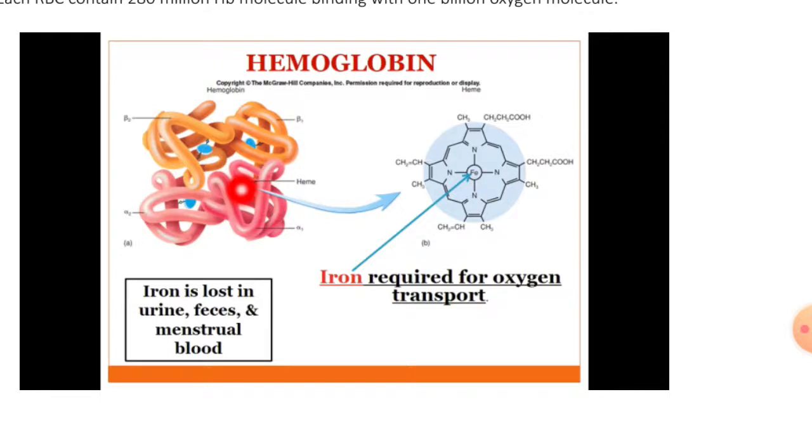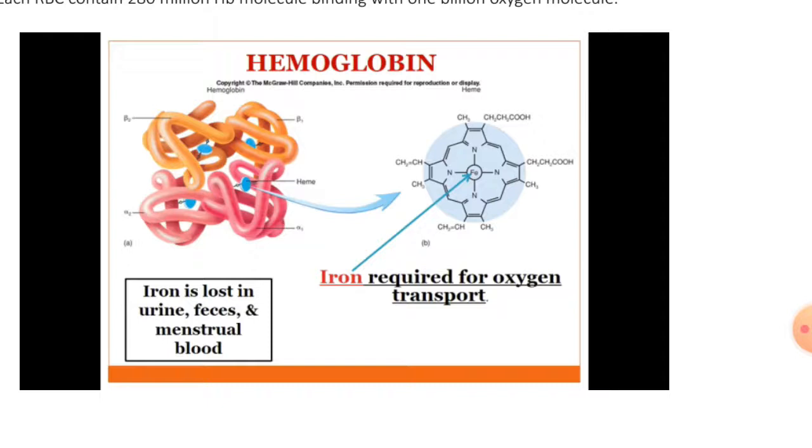Each oxygen molecule is picked up from the lung and bound to the iron ion, and as blood flows through the tissue capillaries, the iron-oxygen reaction, as we said, is reversed, and hemoglobin releases oxygen into the interstitial tissue and then to the cell.